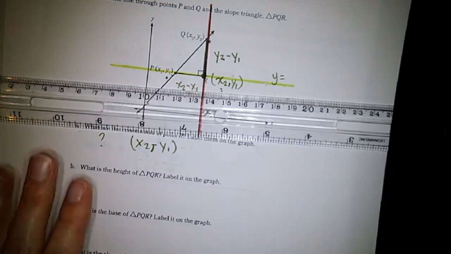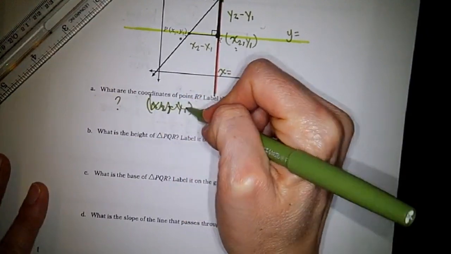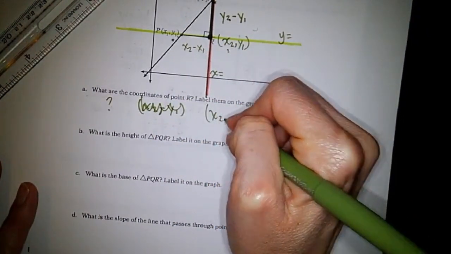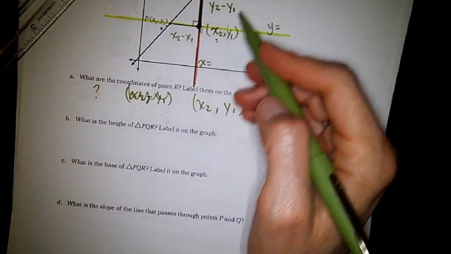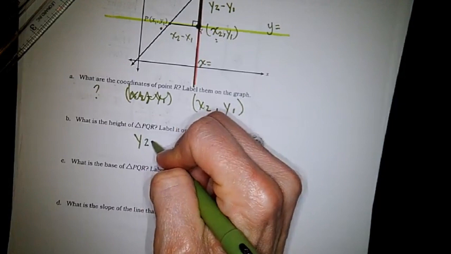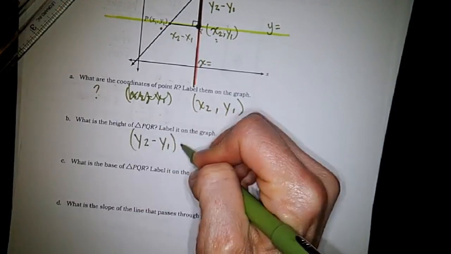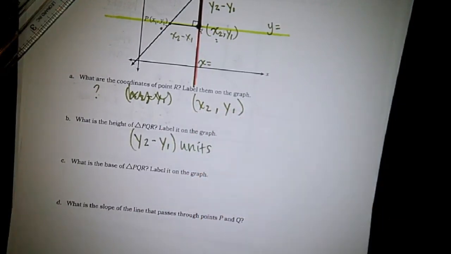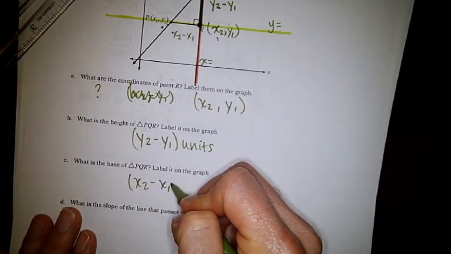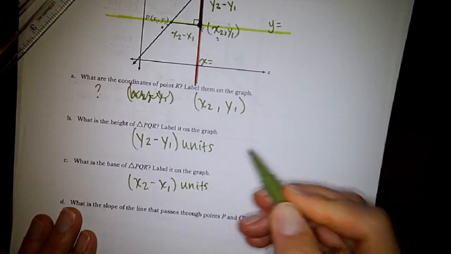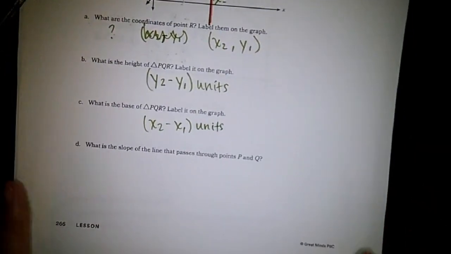So, I wrote that all wonky. x2, comma, y1. They're just trying to give you the information. What is the height of this one? It's going to be y2 minus y1 units. What's the base? x2 minus x1 units. What is the slope of the line that passes through P and Q?